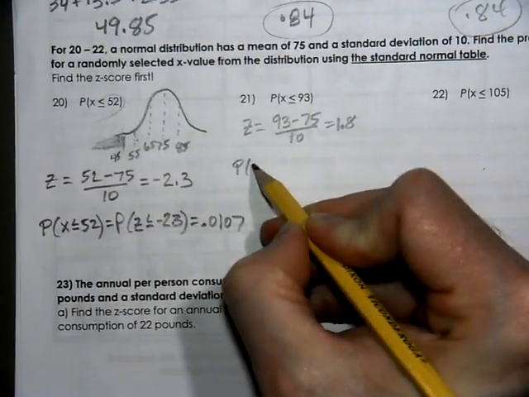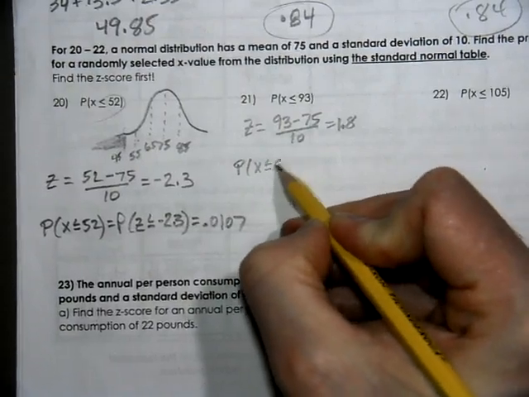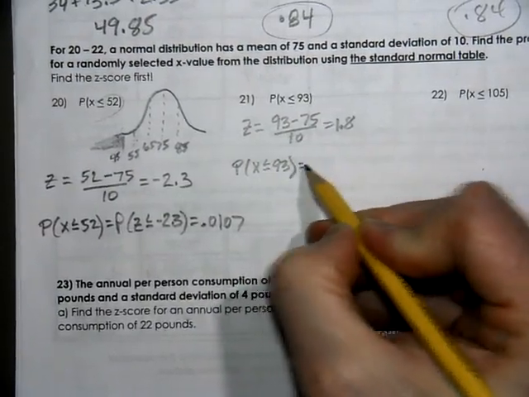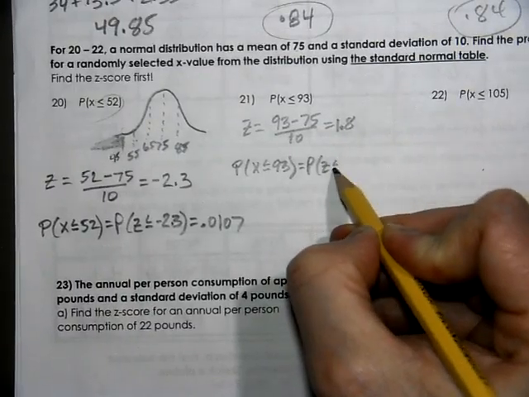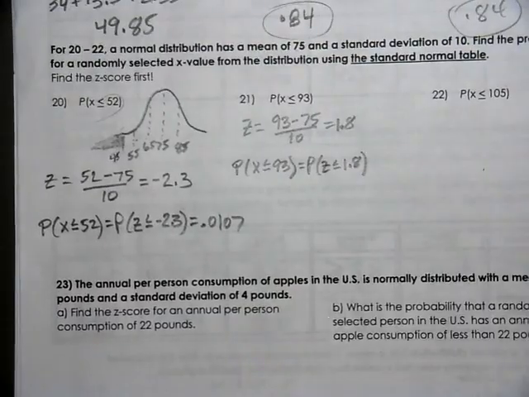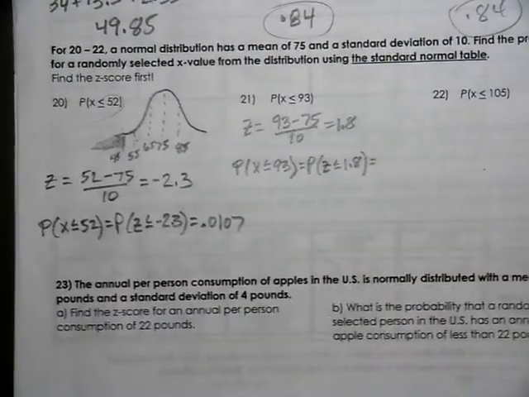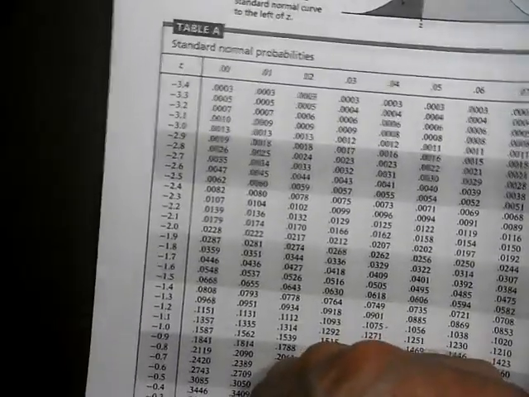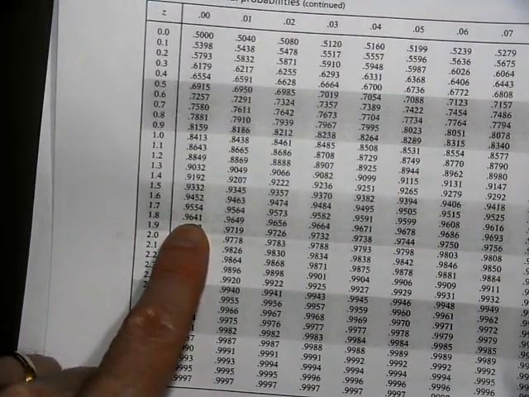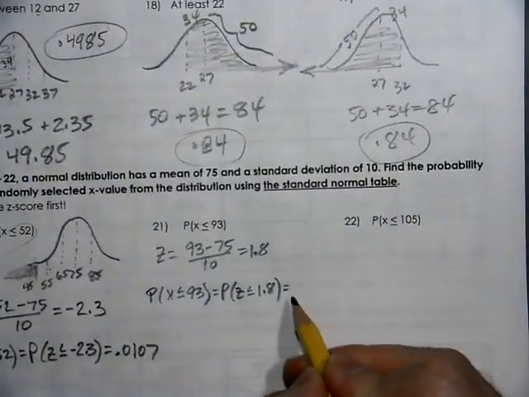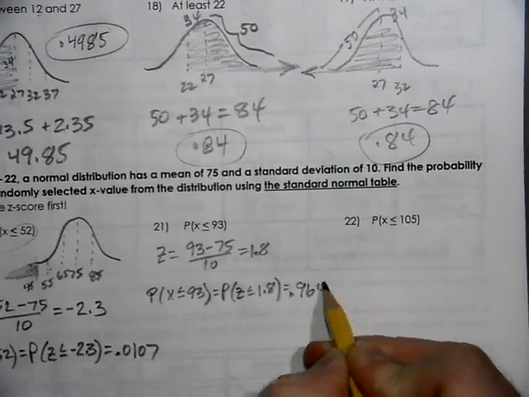So the probability that x is less than or equal to 93, which you could also call the probability that z is less than or equal to 1.8, this first table are the negatives, the second table is the positives. We're looking for 1.8 right there at 0.9641.